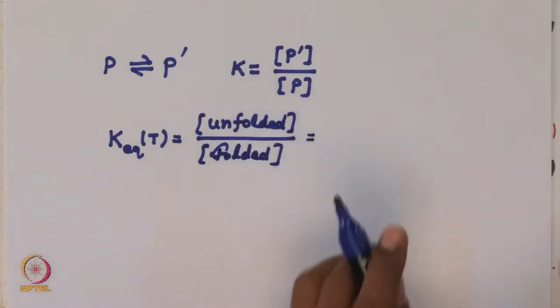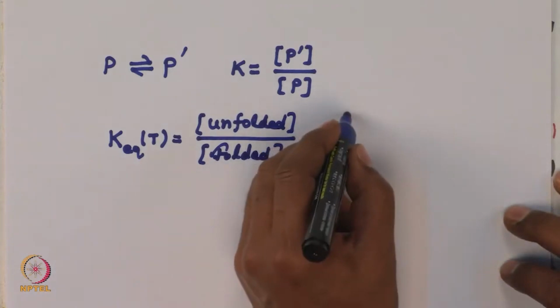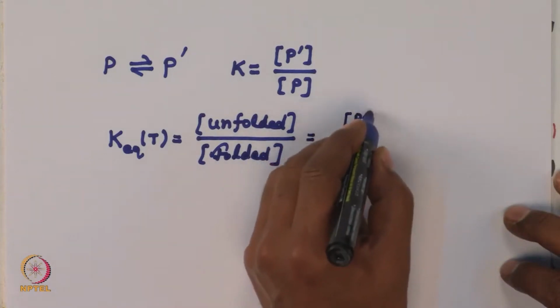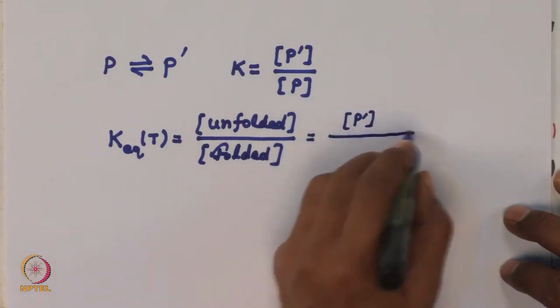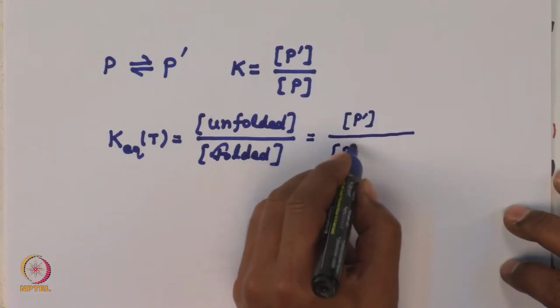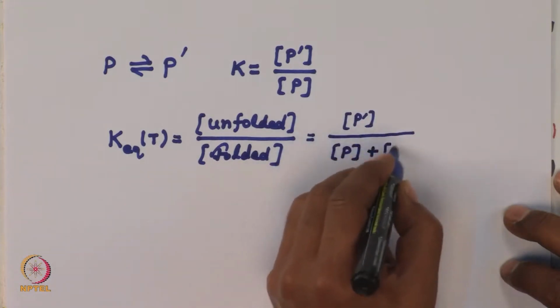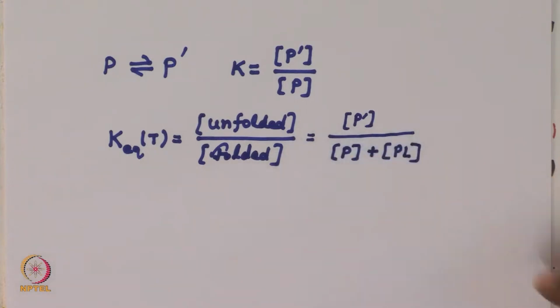What is the concentration of unfolded form? P prime is unfolded, and the folded, if you have P and PL both in the solution.